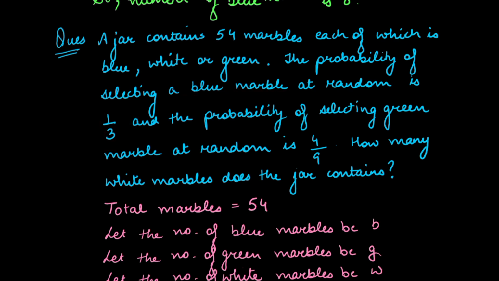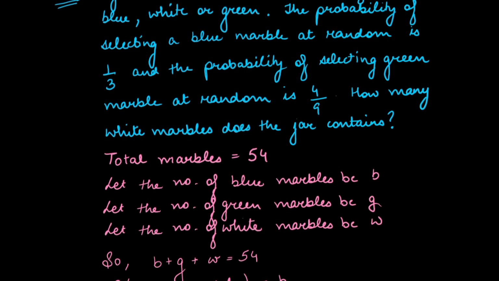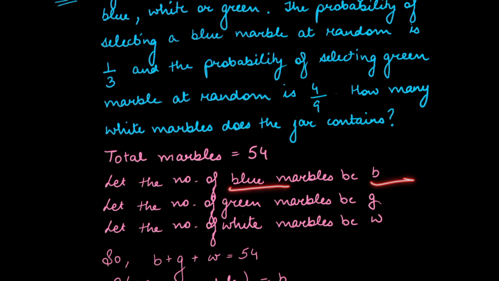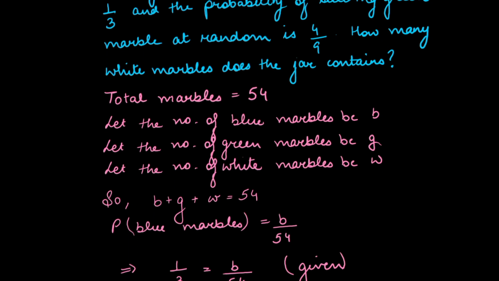The probability of selecting a green marble at random is 4 by 9. How many white marbles are there? So in total there are 54 marbles. Let blue marbles be B, green marbles G, white marbles W. Okay. So we know that B plus G plus W is equal to 54.